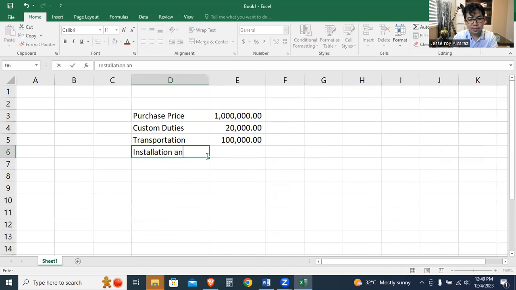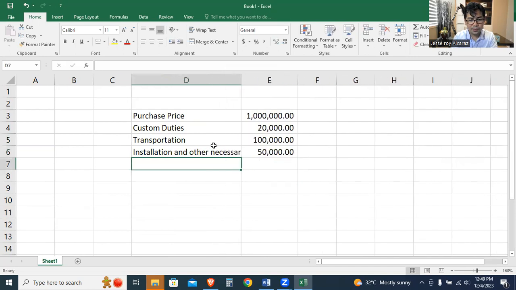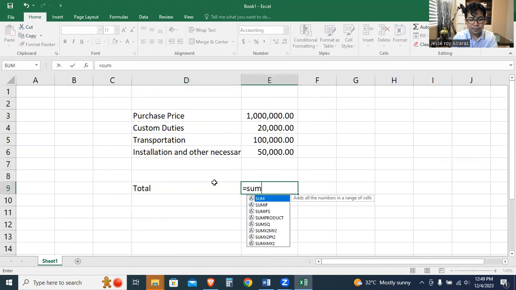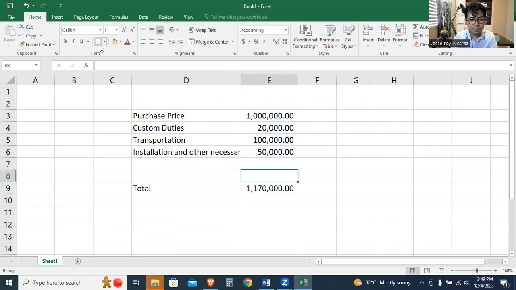Installation. Let's say 50,000 pesos. So far, we have already spent, okay, so far we have already spent 1,170,000 for our equipment. So kani sila tanan, these are added to our equipment.